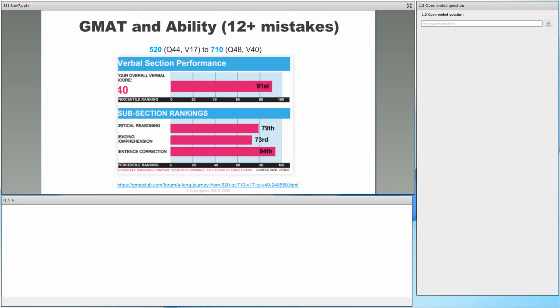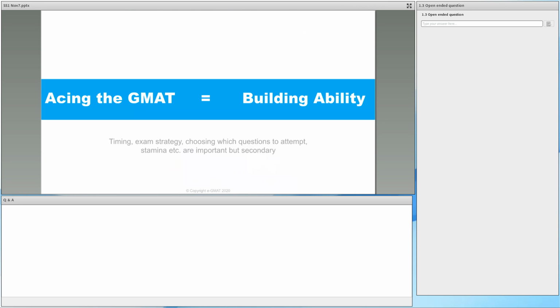I just want to make sure. Let's just broadcast, I'm going to clear all answers. What about this slide right now? You can see that now. So it probably was just that slide, and I don't know why that was the case. I'm going to figure that out. Acing the GMAT is equal to building ability. Yes. Perfect. Thank you.